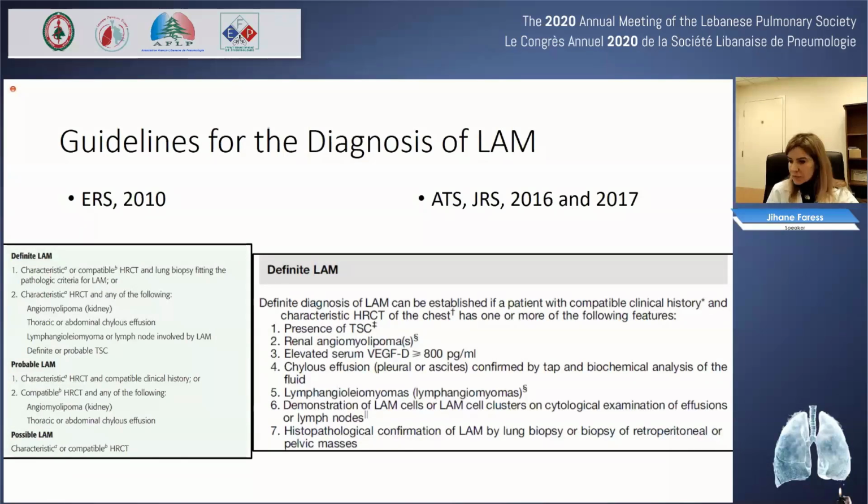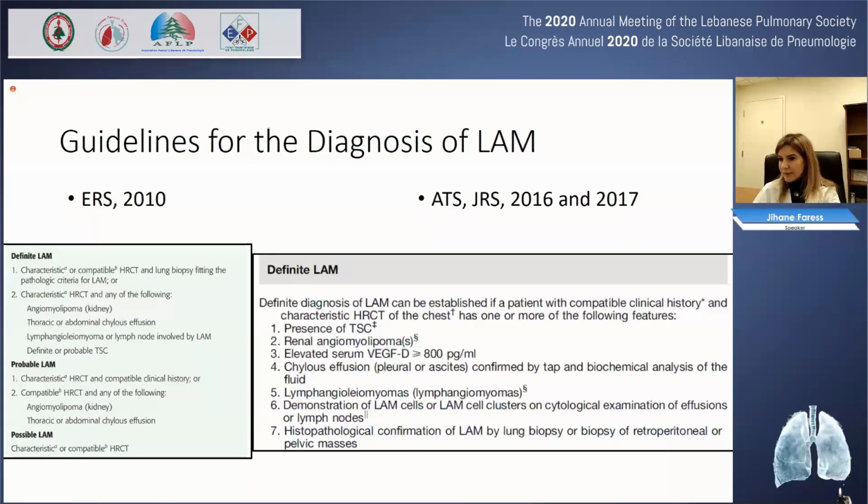The ERS in 2010 wanted us to think about LAM as definite LAM, probable LAM, and possible LAM. To be able to diagnose definite LAM, we have to have characteristic HRCT findings. By that, they mean you have to have more than 10 cysts, and they have to be thin-walled, round, uniformly distributed, or it can be compatible HRCT when you have between 2 and 10 cysts, and a lung biopsy that fits the diagnosis of LAM.